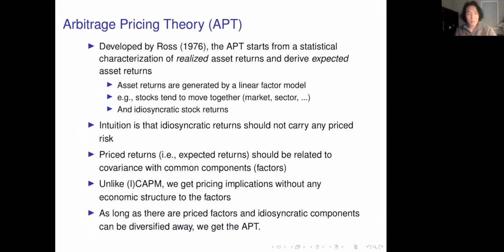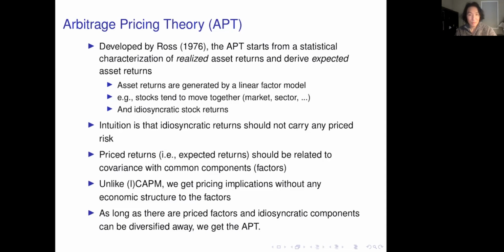The only thing that you need in an APT is that asset returns are characterized by a linear factor model. In other words, stocks tend to move together. So there are common factors that drive stock returns. And the key intuition is that the idiosyncratic component that has nothing to do with the factors shouldn't carry any priced risk.